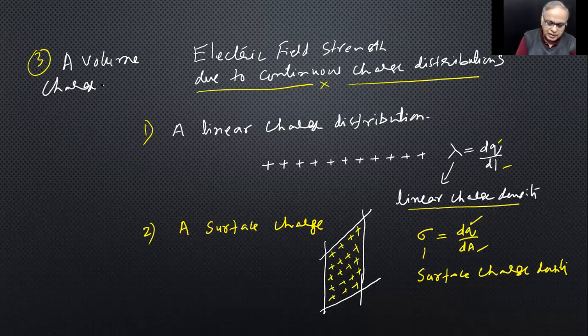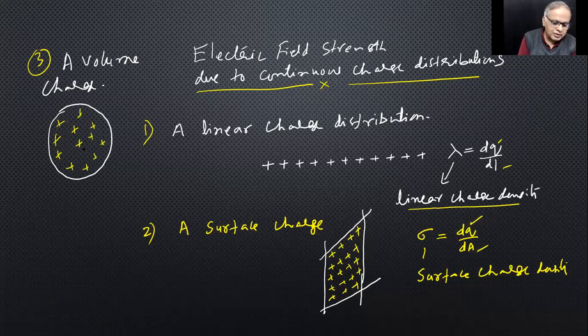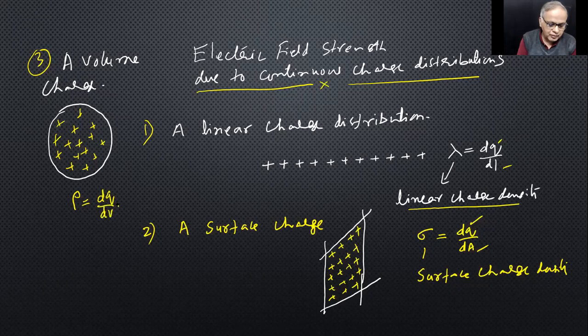That may be, for example, a spherical volume I have. In that, I can think of many charges spread into that volume. In this connection, we define rho, that is dq by dV. Okay.